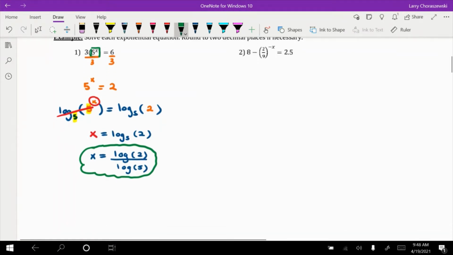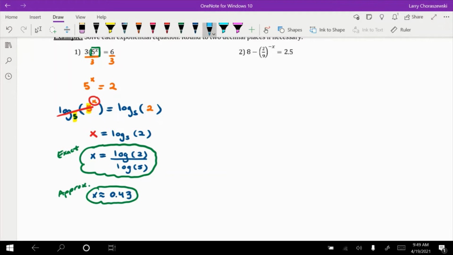Okay, so this would be one of those so-called exact answers for x. You could punch this into the calculator to get an approximate value, and when you do so to 2 decimal places, you should get something to the tune of 0.43. And that would be an approximate answer.